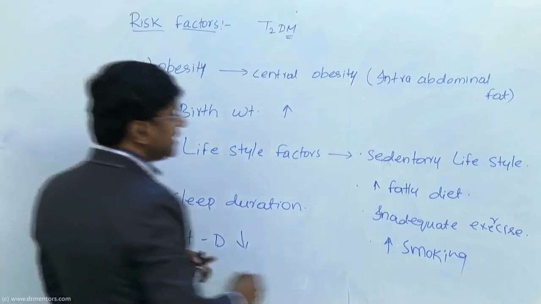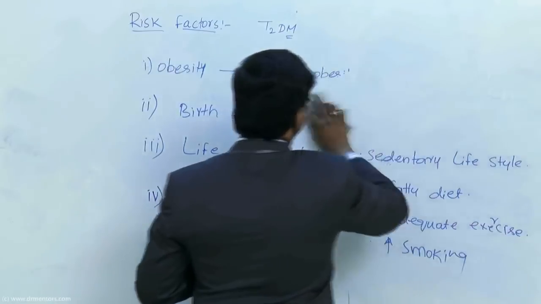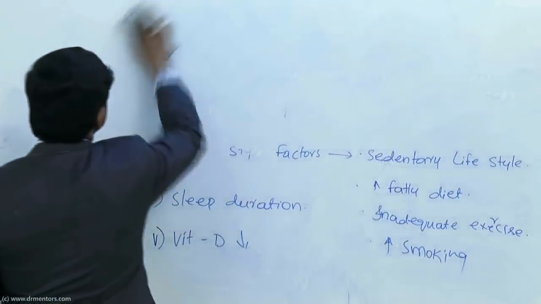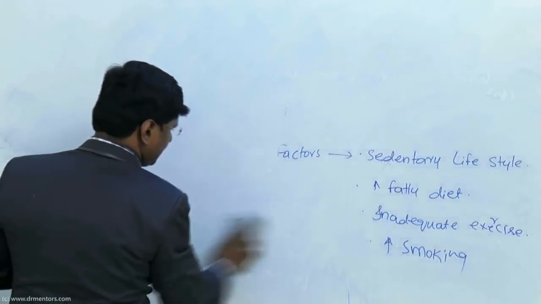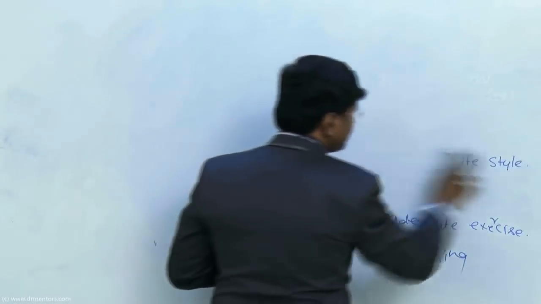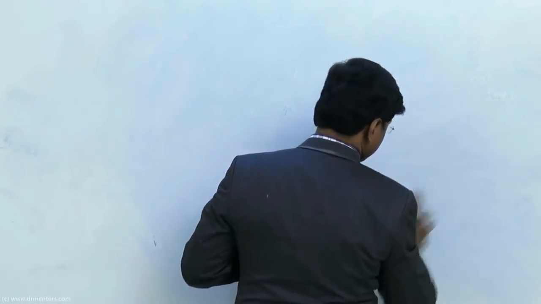Next, the inheritance I have already discussed, that is the genetics. Next, you take the lipid profile in these patients with type 2 diabetes mellitus. I have discussed when I was discussing hypothyroidism that there are two endocrine disorders where you have dyslipidemias. One is hypothyroidism and the other one is type 2 diabetes mellitus.